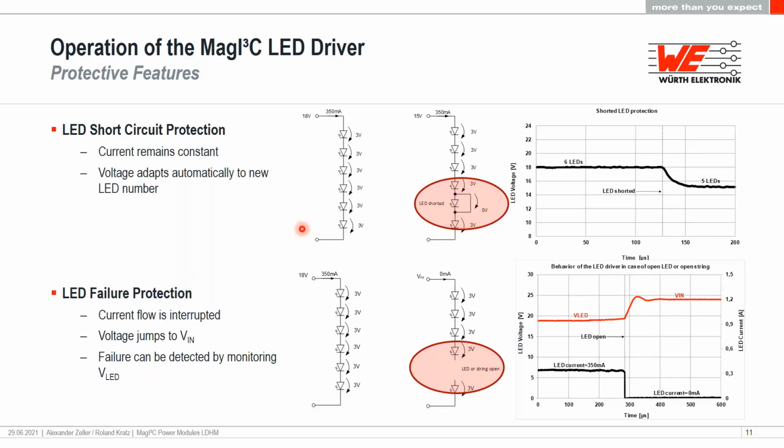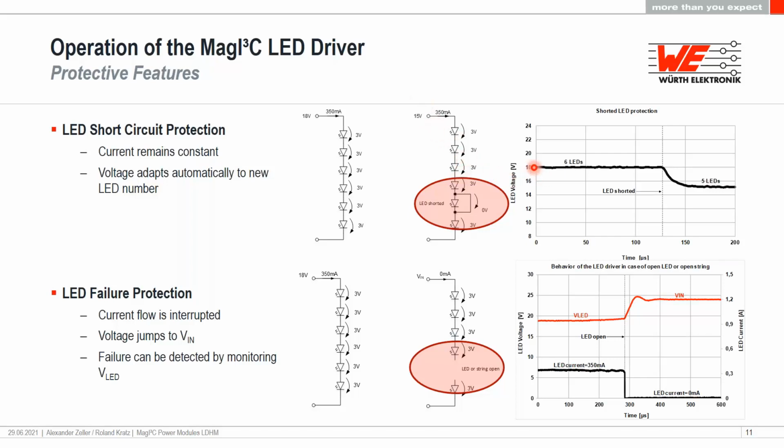So you also have short circuit protection. If you have, for example, 350 milliamps and you have 6 LEDs, which all have 3 volt forward voltages, you will end up with 18 volt. If one LED here has a short circuit, then you only have 5 LEDs with 3 volt, which means 15 volt.